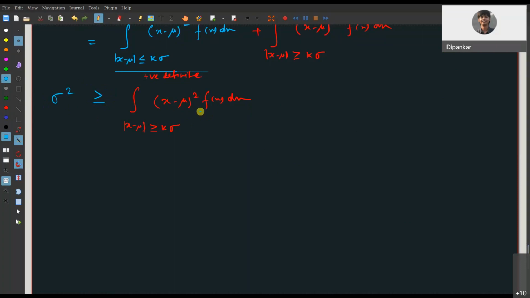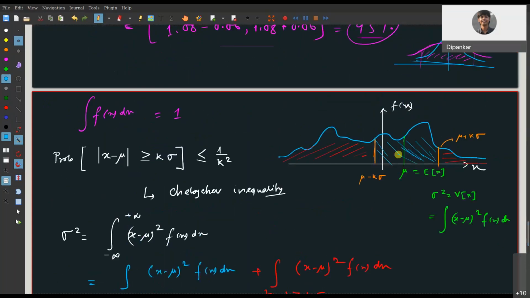Now in this region where mod of x minus mu is greater than k sigma, what is the minimum value of (x minus mu) whole square?